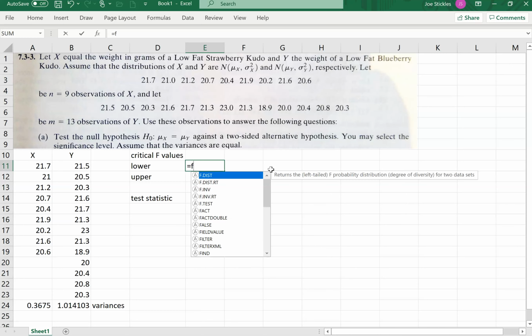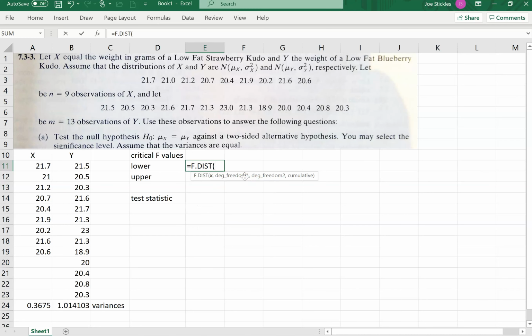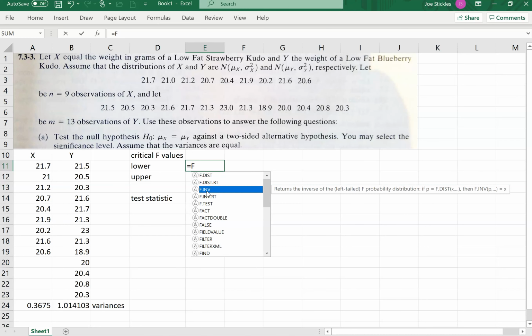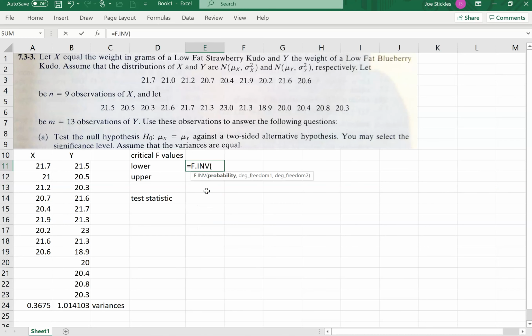All right, so for your lower F value, I'm going to use the f.dist command, not the right tail, because I'm trying to do the lower one. This is going to be the left tail. Sorry, not f.dist, f.inverse, my apologies. I need the f.inverse command because I need the critical value associated with a particular probability.